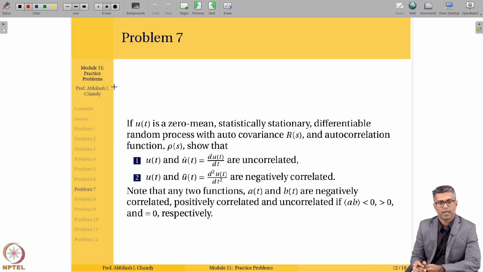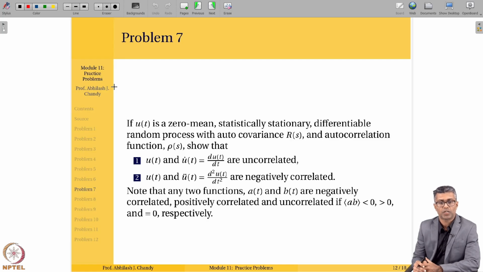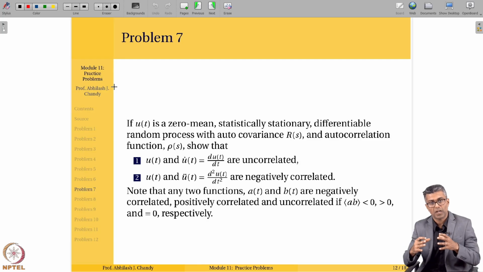So keep in mind, the second part is u(t) and u double dot of t, which is the second derivative in time of u(t), are negatively correlated. That's also something you have to show. Note that any two functions a(t) and b(t) are negatively correlated, positively correlated and uncorrelated if the covariance of ab is less than 0, greater than 0 and equal to 0 respectively.